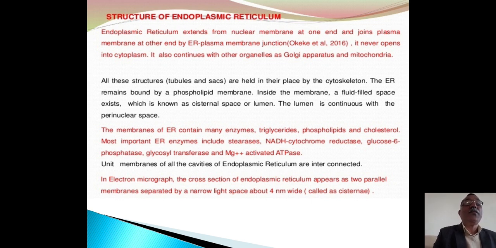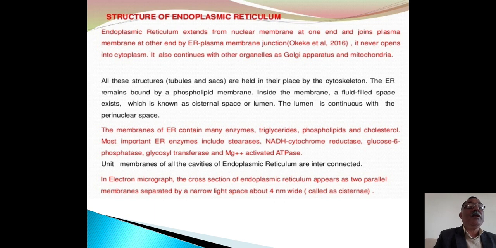It also continues with other organelles such as the Golgi apparatus and mitochondria. All these structures, tubules and sacs, are held in their place by cytoskeletons. The ER remains bound by a phospholipid membrane.